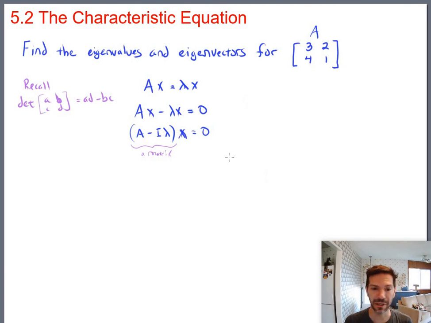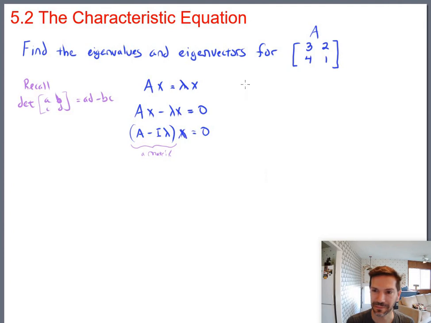We need to take this matrix right here, A minus lambda I, and take the determinant of that and find out when the determinant is 0. That will mean that there's more than just the trivial solution. There are actually some eigenvectors and eigenvalues that do it. It's not just the 0 vector. Okay, enough talk. Let's get down to crunching numbers.